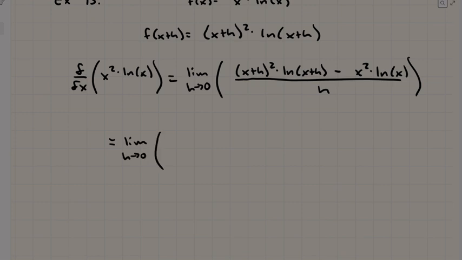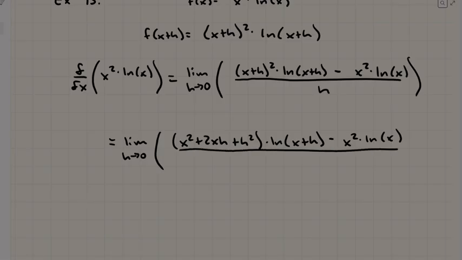So we've got the limit as h approaches 0 of, now what is that going to be? It's going to be x squared plus 2xh plus h squared times ln x plus h minus x squared ln x over h.